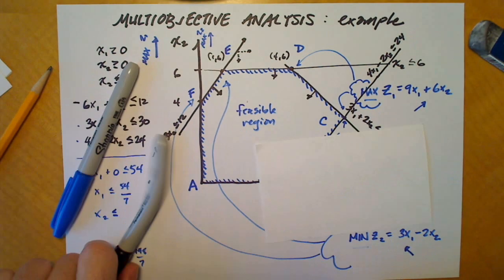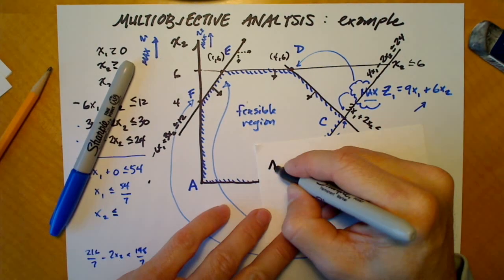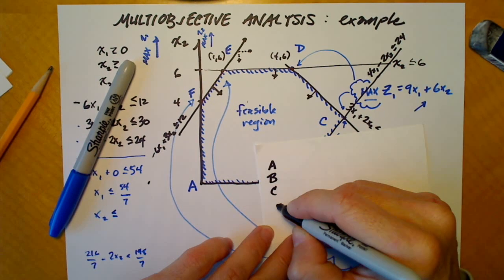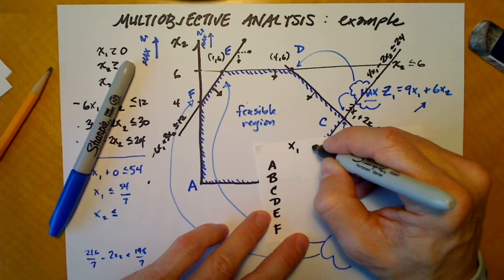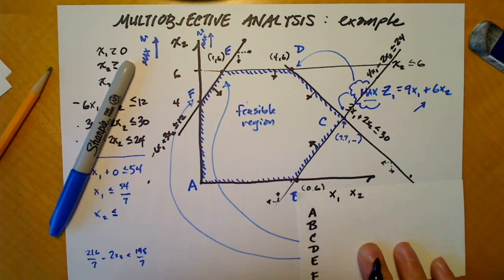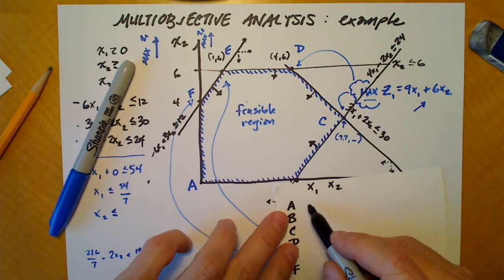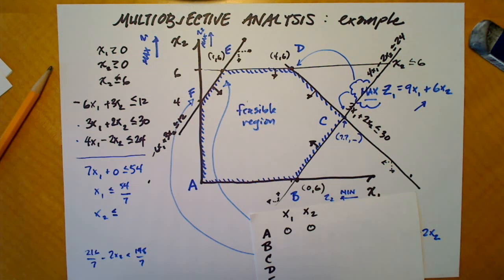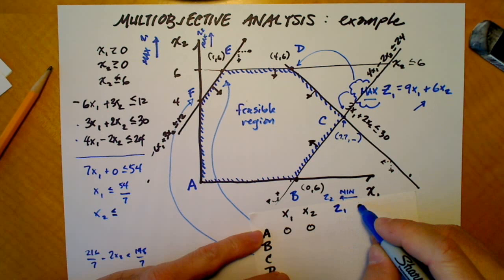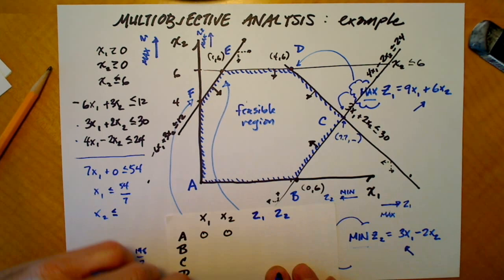And let's make a data table. A, B, C, D, E, F. X1, X2. These will be the extreme points. For A, 0, 0. Well, that's easy. Now let's calculate the objective function.